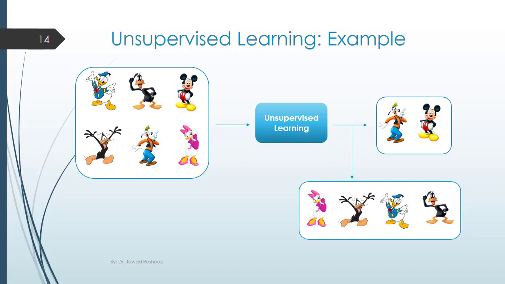So based on those characteristics, this unsupervised learning algorithm tries to group the similar items into one group and other similar items into another group. So here the unsupervised learning algorithm segregated these six images into two groups.